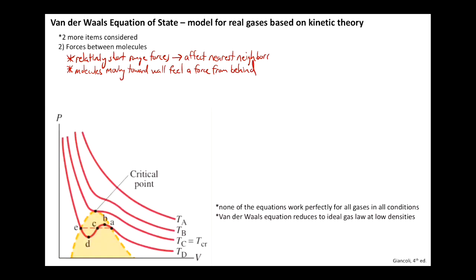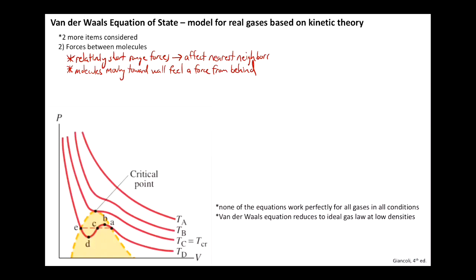Because there are going to be other molecules behind them. I have a molecule, it's like, yay, I'm going to hit the door, I'm going to hit the door. Well, before we assumed there was really nothing holding it back. Now we're assuming there's probably a molecule pretty close nearby that's exerting an attractive force and essentially slowing it down just a little bit, okay?